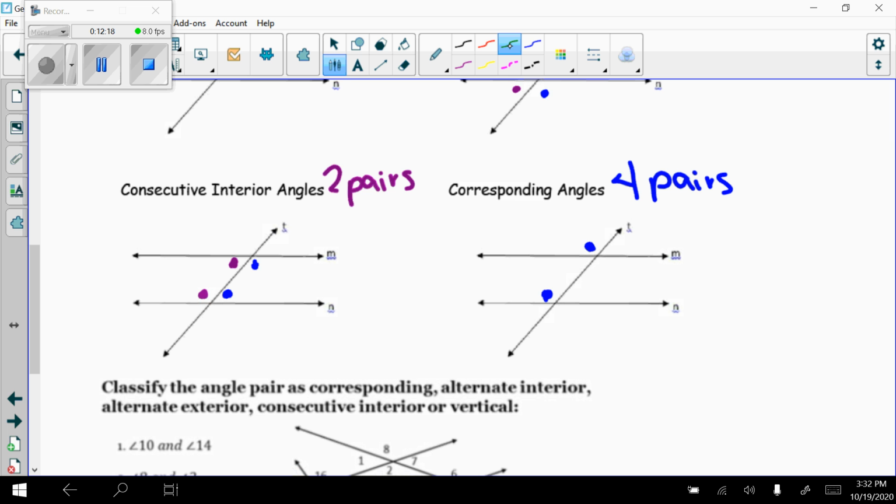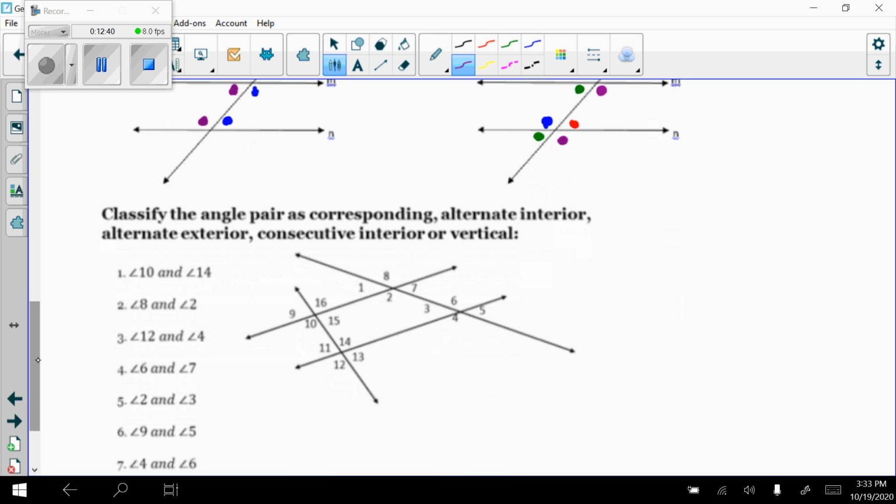Now if I went to the left of the transversal below the line, I have this angle. Its corresponding angle that's also on the left below is right there. Now I can go to the right above, those 2 would be corresponding. And finally right below and right below, those 2 would be corresponding.